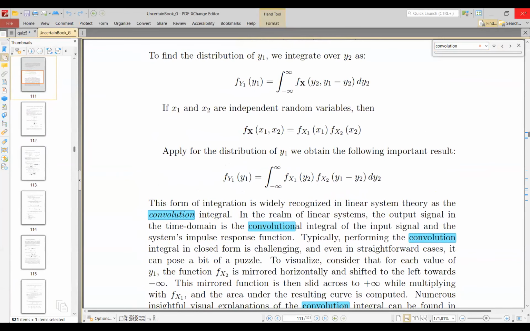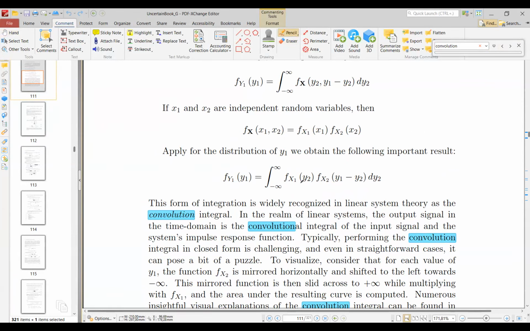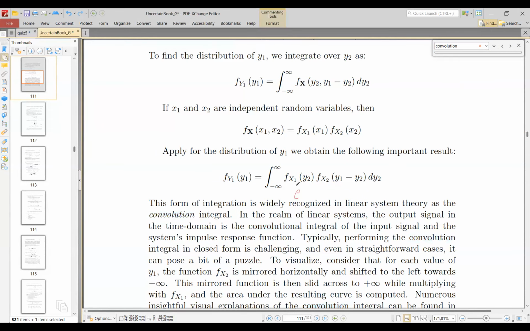So it is already, as we mentioned, the exponential distribution. So this will be e^(-y2) instead of using x1, times f of x2, which is 2 multiplied by e^(-2(y1 - y2)), then you take the integration with respect to y2, from minus infinity up to infinity.